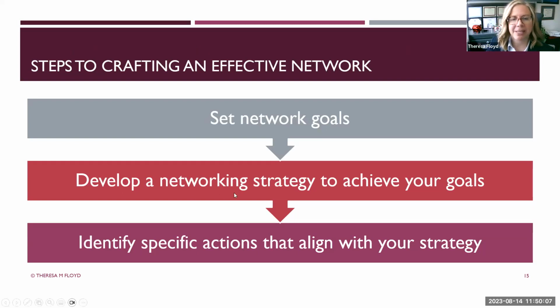Then you're going to develop a networking strategy. And I'm going to talk to you a little bit more about what that is. And then you're going to identify specific actions that align with your strategy that will help you achieve your goals. So, for example, if I want to increase my openness score, my networking strategy might be to add people to my network that don't know the people that are already there.